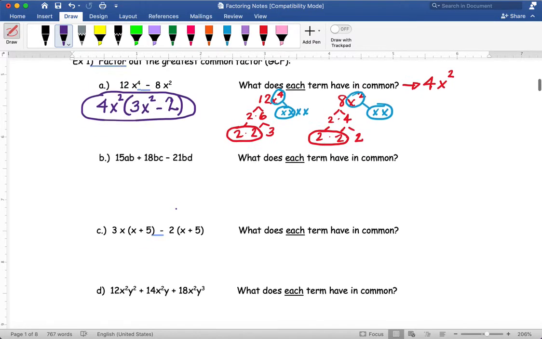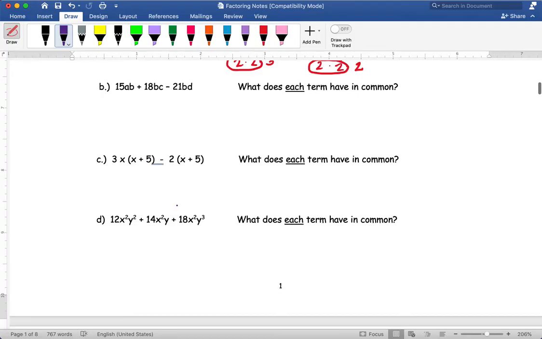All right, let's move on to the next one and answer the question: what does each term have in common? Well, here I've got a 15AB, and then an 18BC, and then a 21BD.